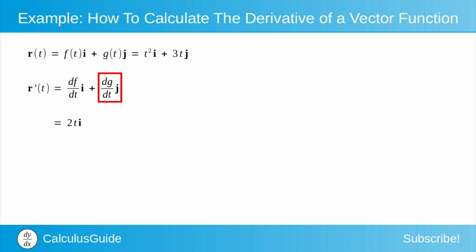So dg dt j is equal to 3j. I've just calculated that the derivative r prime of t is equal to 2t i plus 3j.